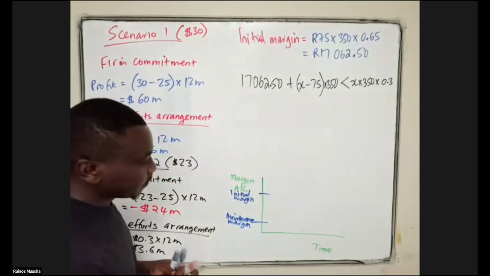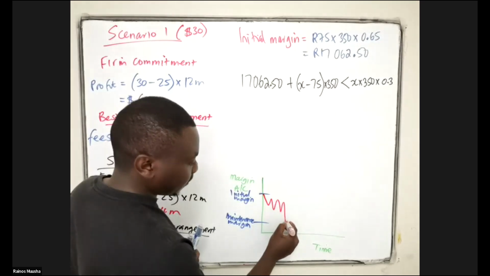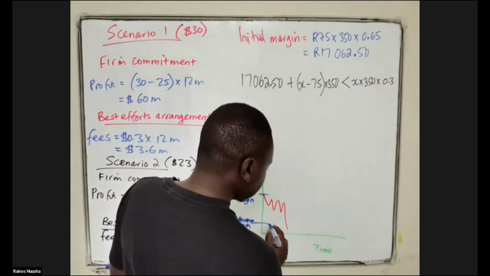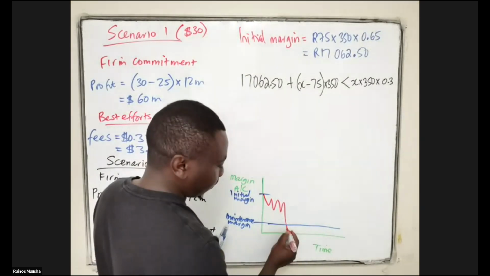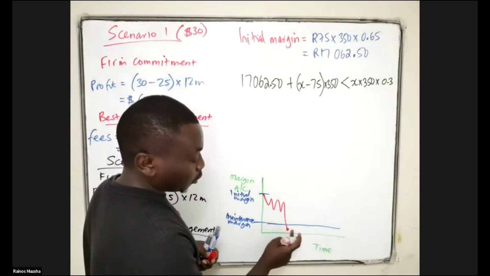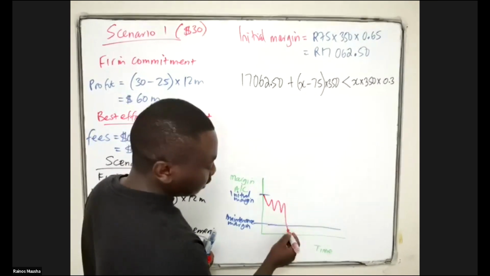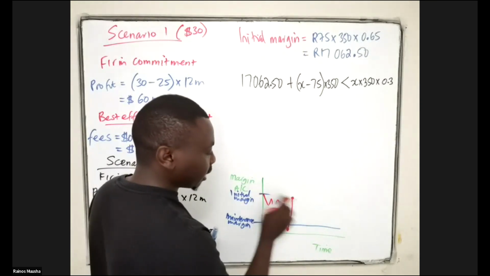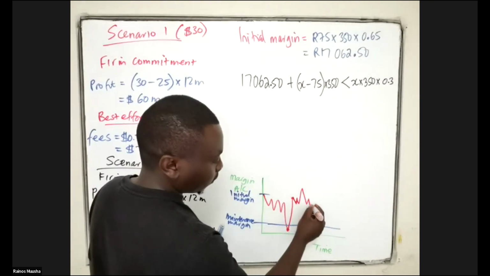So we are saying from the initial margin, the share price can fluctuate over time, but the moment your margin account falls below a certain amount, that's when you are going to be receiving a margin call. And the margin call is going to ask you to top the account back up to the initial margin. Then you can now continue trading as well.